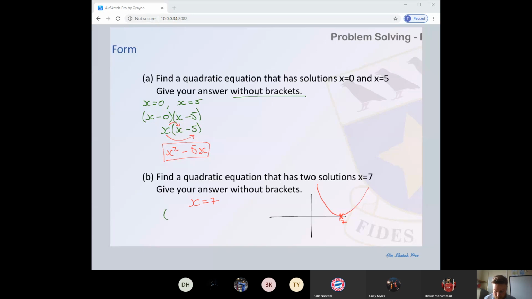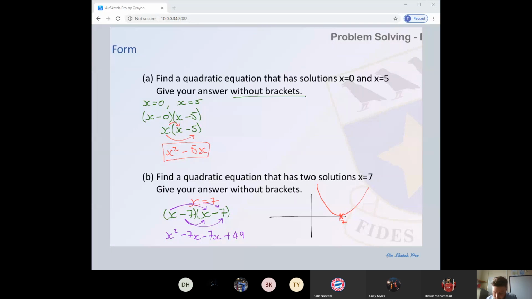So that means when we put it in, we're going to have x minus 7 and another x minus 7 like this. We've still got those two solutions, but they just happen to be the same number. And now when we expand this out, we have to do our regular expansion. So we do x multiplied by x, which is x squared, x multiplied by negative 7, negative 7x, negative 7 multiplied by x, so another negative 7x, and negative 7 multiplied by negative 7, which is positive 49.